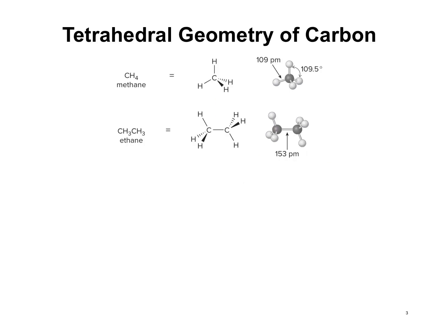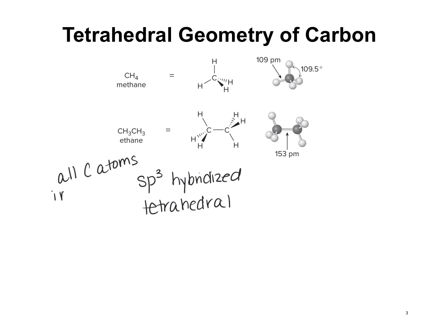Now, I want you to remember that all carbon atoms in an alkane are surrounded by 4 groups, making them sp3 hybridized and tetrahedral. They also have bond angles of 109.5 degrees.